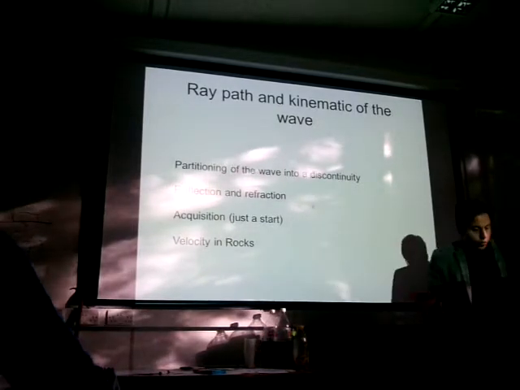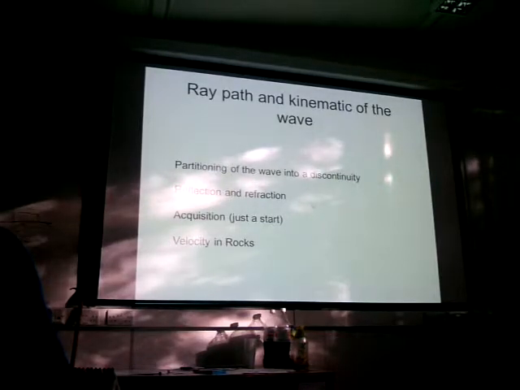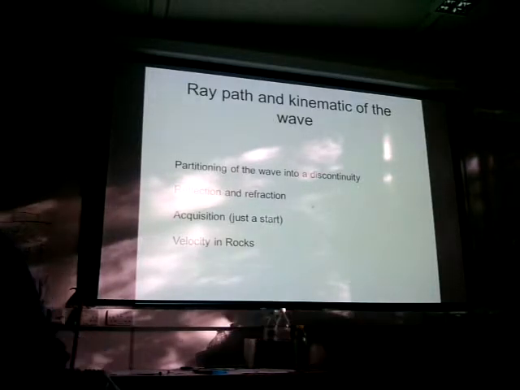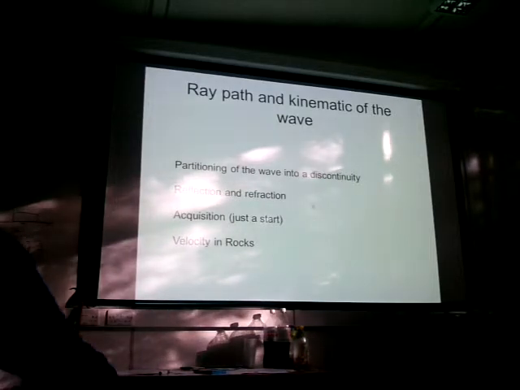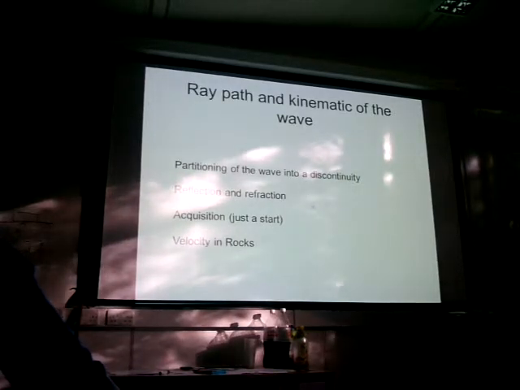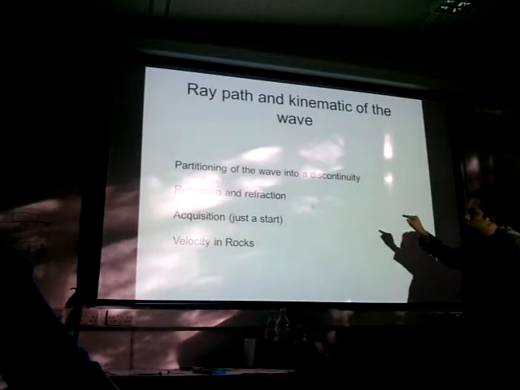We will revisit this concept with another simplification when I introduce the amplitude versus offset, or AVO. It is a technique widely used in the industry, or misused in the industry as well, but it uses a whole other part of the physics that we are not looking at mathematically in detail. Okay? Reflection and refraction is a consequence of the partitioning.